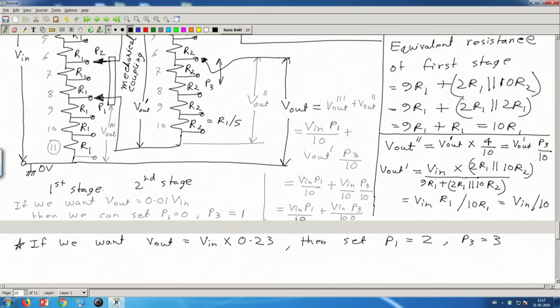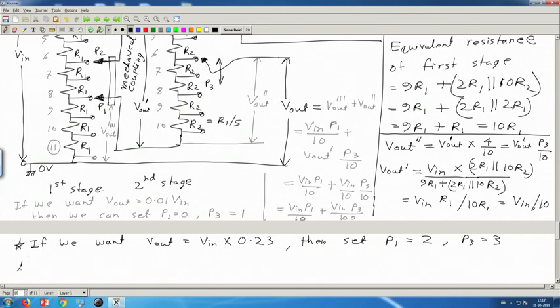So that means bring this pointer down here after 2 resistances and this pointer after 3 resistances, 1, 2, 3, bring it here. So this way you can get any decimal fraction of Vin as the V out.